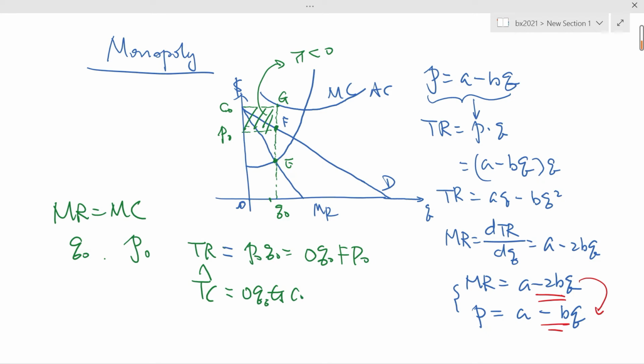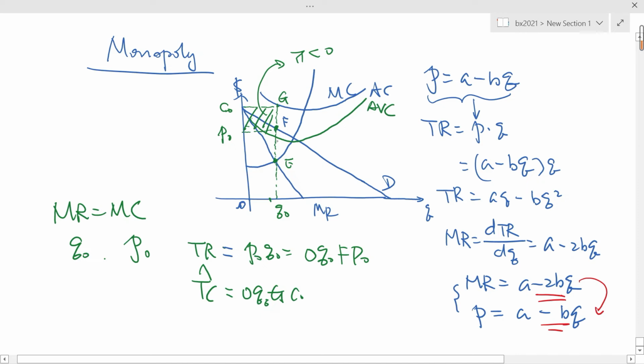Second observation is that given that I'm making a loss, will I shut down or not? In the short run, that actually depends on the relative magnitude of total revenue and the variable cost. So we need one more curve, average variable cost.